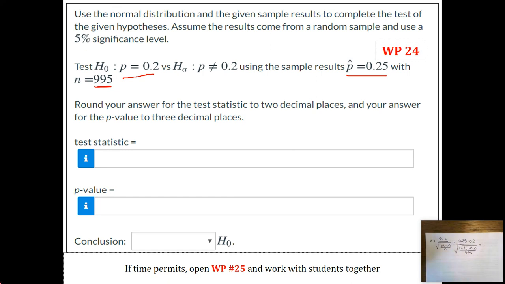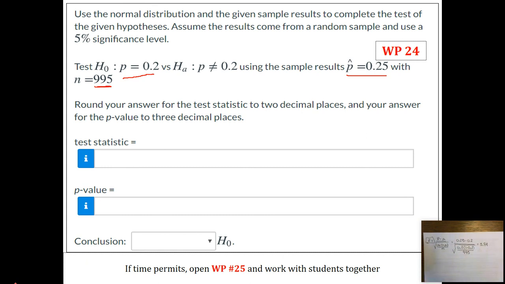Go do the math. Give you a second to get that done. Put it in your calculator. 3.94. Remember, that's our z number. That's our test statistic itself.